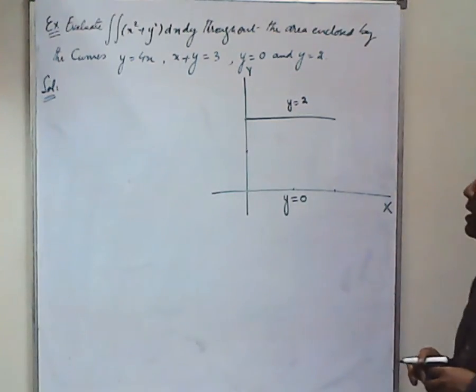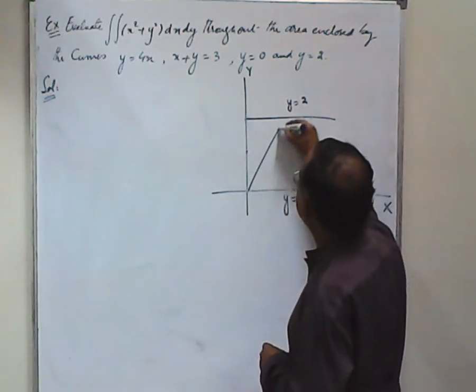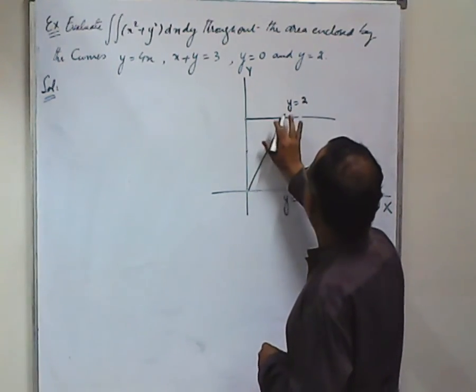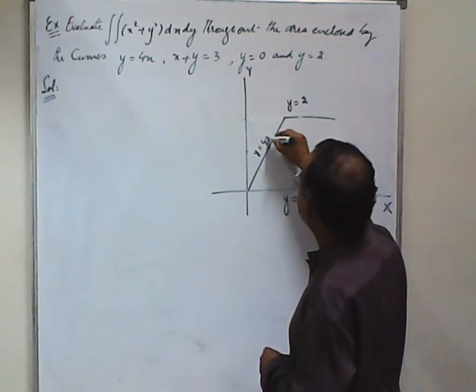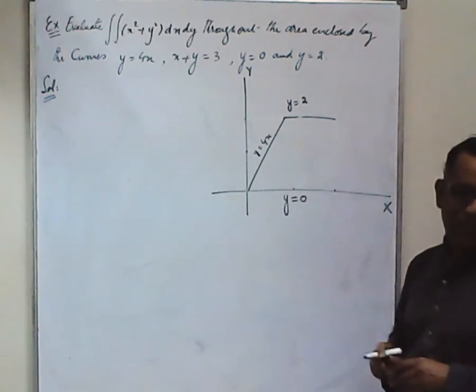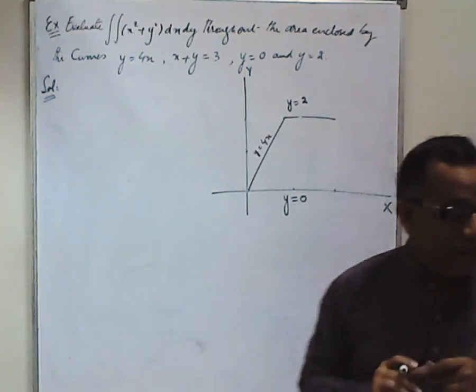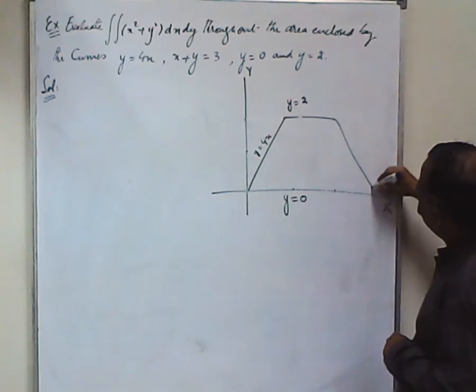Then we have the curve y squared equal to 4x. In order to highlight the area, I remove this extra line, and then x plus y equal to 3.